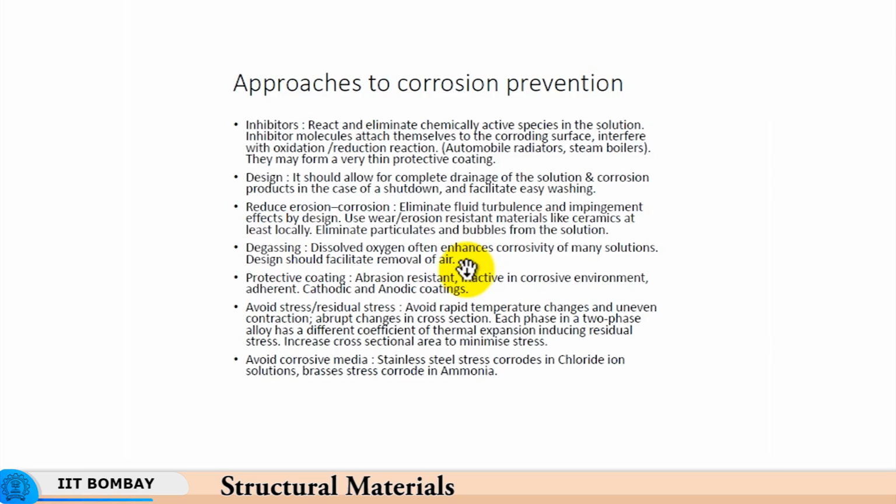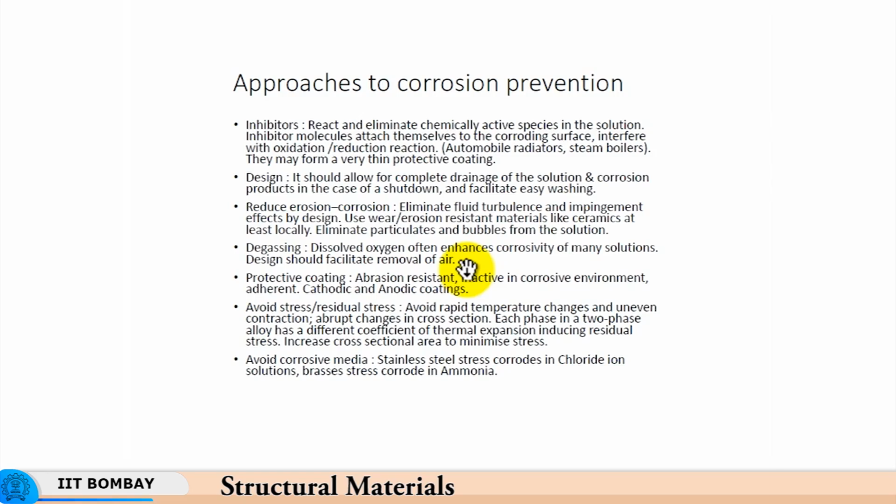Reduce erosion corrosion, meaning we reduce fluid turbulence or impingement effects, again by design. So we design the product in such a way that impingement is not at a very rapid rate. For instance, you have elbows or changes in direction of a fluid, and naturally the solid particles will be impinging onto the surface.